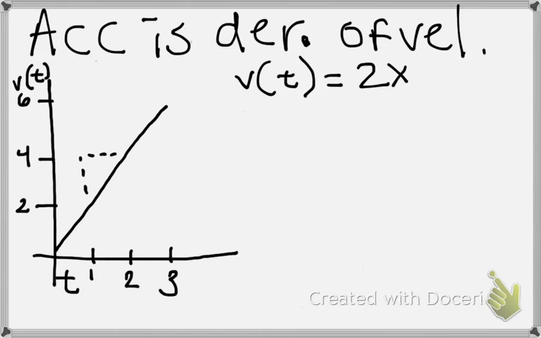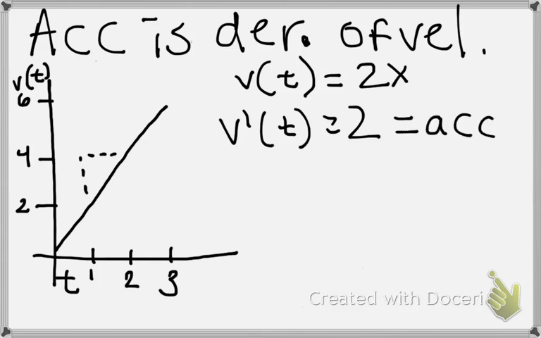Just how you've learned that velocity is the derivative of a position graph, because velocity is the rate at which the position is changing, the acceleration is the derivative of the velocity graph, the rate that the velocity is changing. Since it is a linear line, you take the slope of that line, and that is how the acceleration is changing over time.